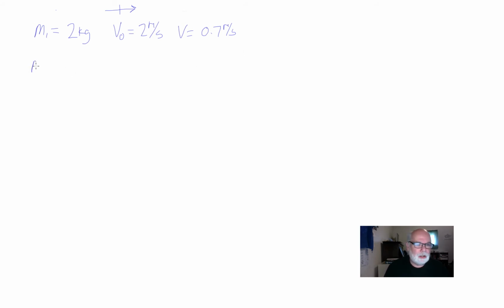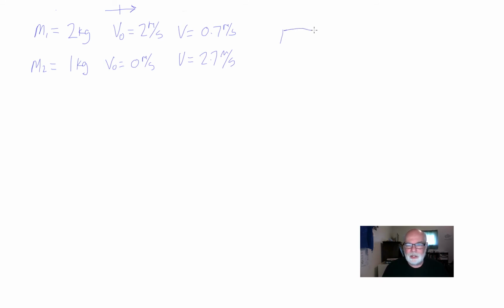If we look at cart number 2 for this example, let's say that its mass is 1 kilogram. Its initial velocity is 0 meters per second, so it's just sitting there, and the other cart will come up and collide with it, and its final velocity will be 2.7 meters per second. So it's also moving to the right, as you would expect.